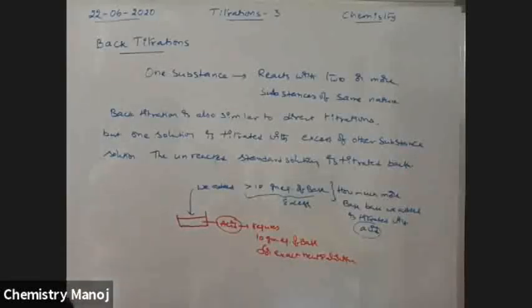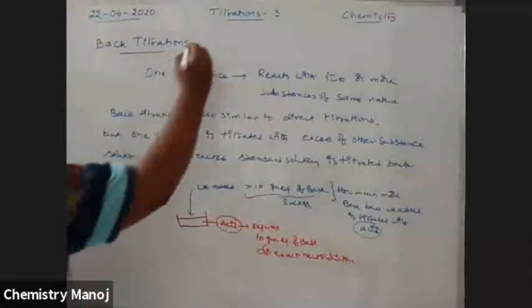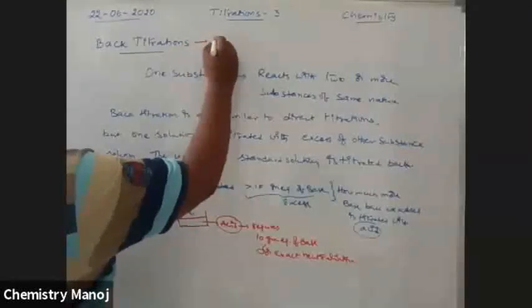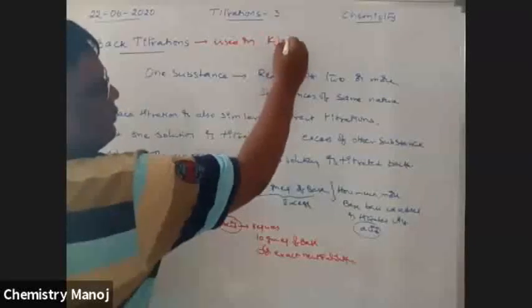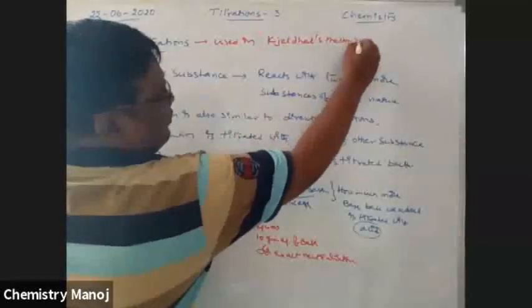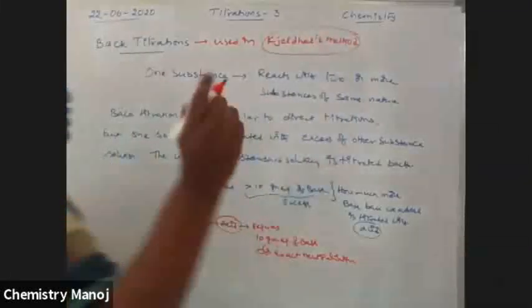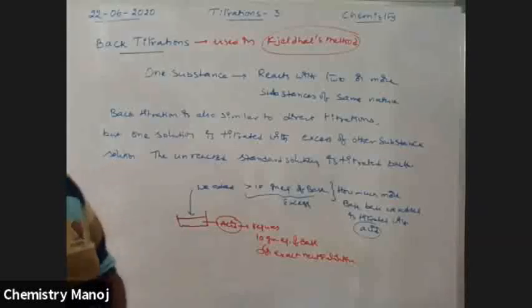So where are these back titrations used? The most important back titration application is in Kjeldahl's method. It is the most important method to find out how much nitrogen is present in a given organic compound.